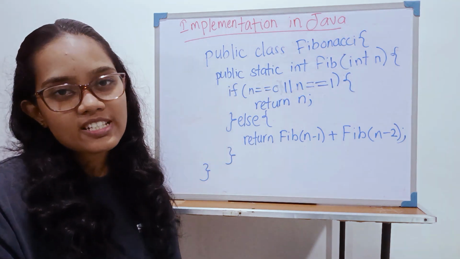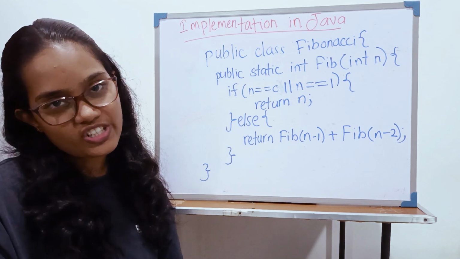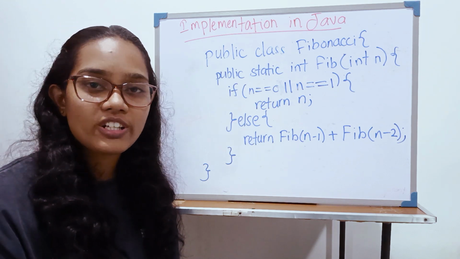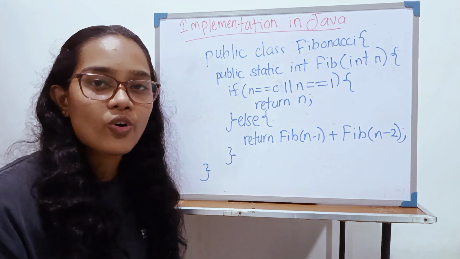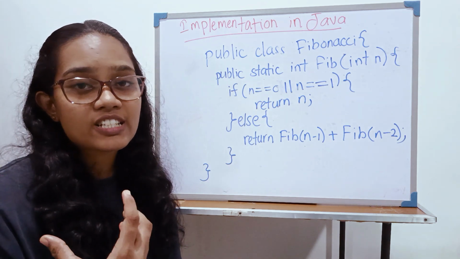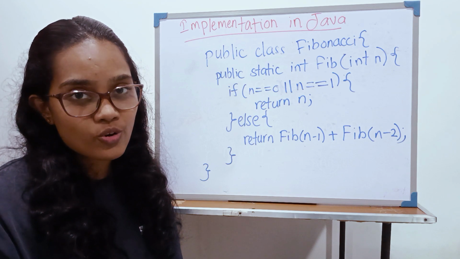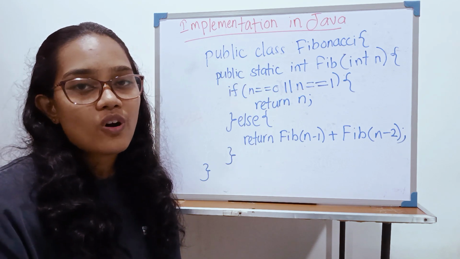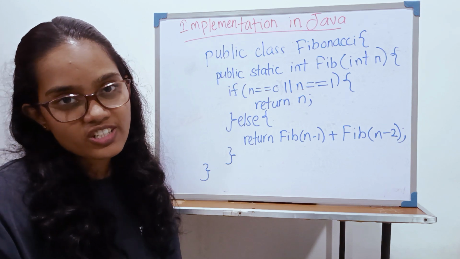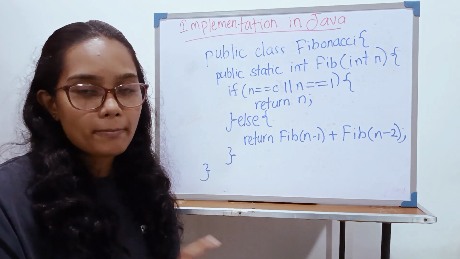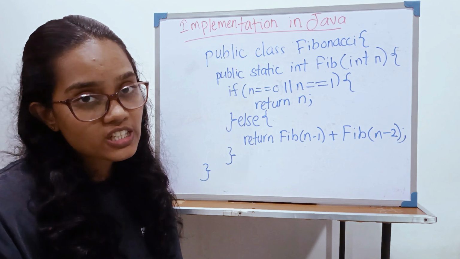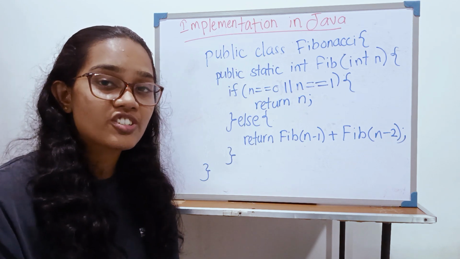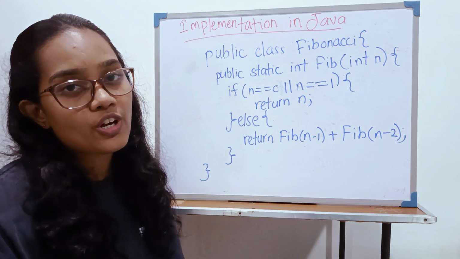Before that, let me quickly tell you what recursion is. Recursion means a function calling itself directly or indirectly, and this corresponding function is called a recursive function. As you already know, a recursive function has two parts: the base case, which is the stopping condition, and the recursive case, which is the function calling itself.